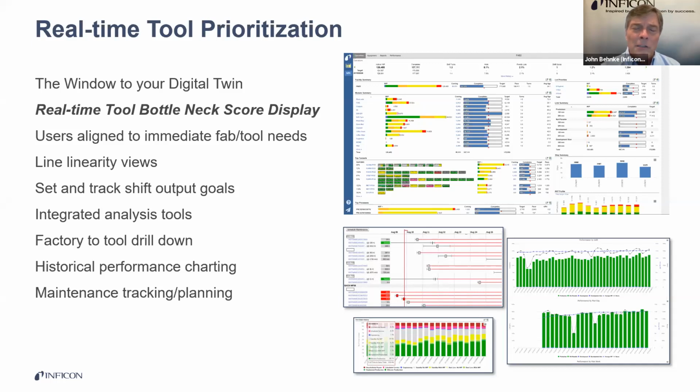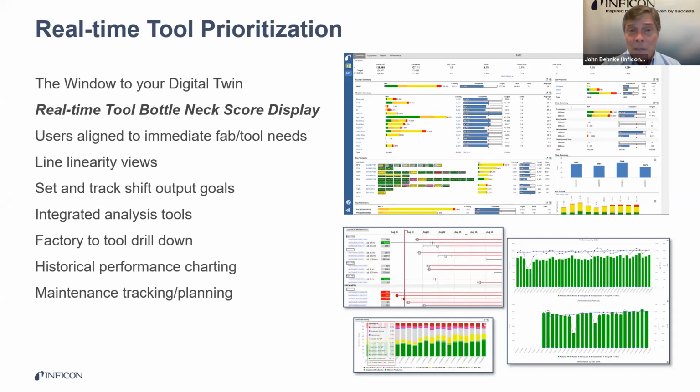So having the ability to understand in real time the single most important tool set is key, and we use what's called a bottleneck score, which just means we take a look at every tool in the factory. We determine whether the tools that are up at that instant for the same tool family can meet the objectives that the scheduler has created for the next 12 hours. And we just rank that.